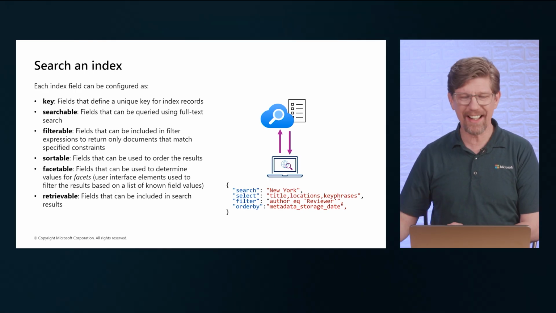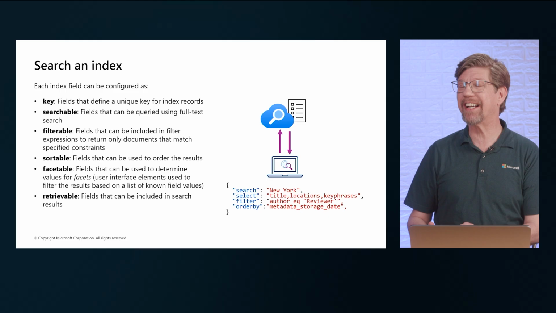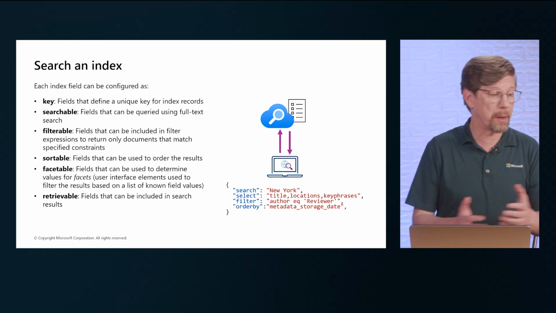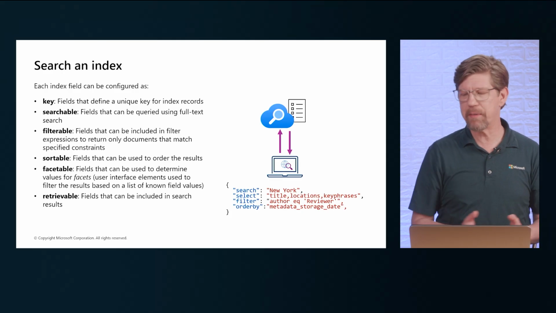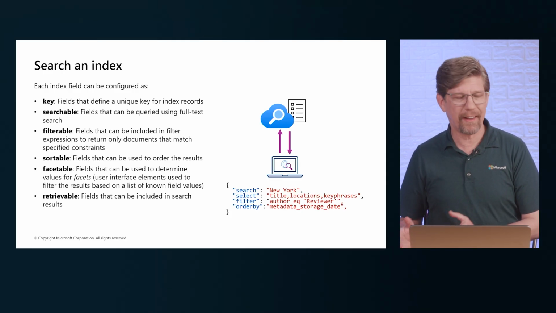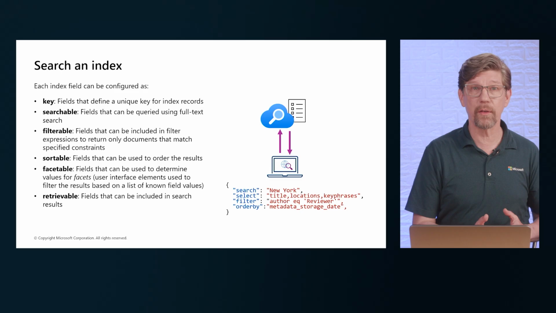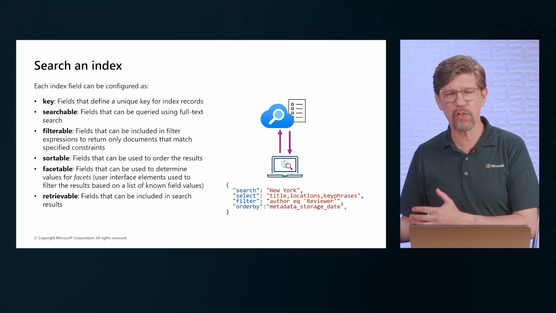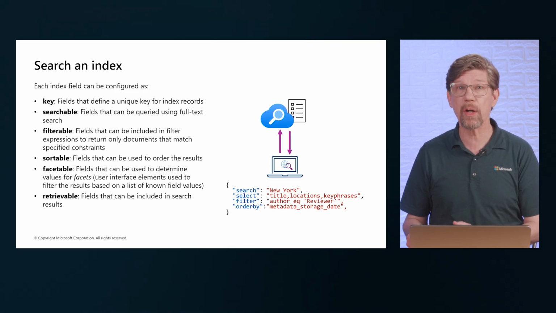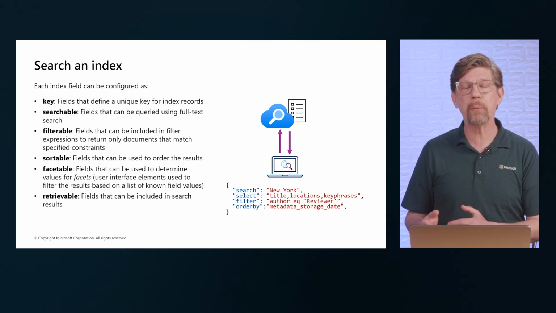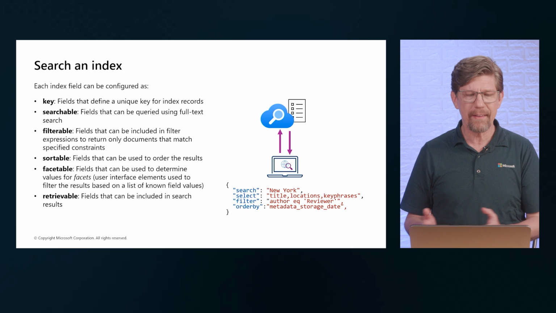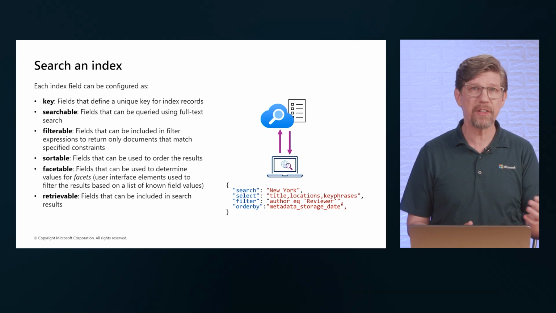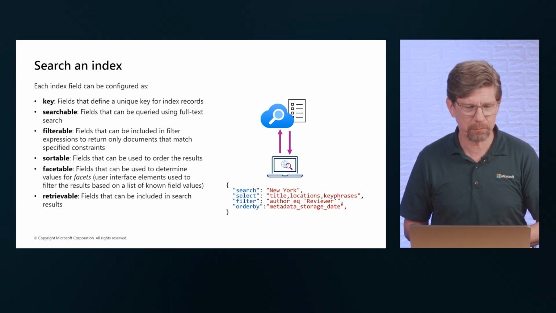Should we have an index on that field, or is it additional metadata that we may want to present, but we don't expect someone to look that up? Maybe there is a longitude and latitude on the image where it was stored. Maybe in this scenario, we don't expect folks to look things up by way of longitude and latitude, but we do expect them to be able to understand where it was. So that might be something that we have, but searchable is false.